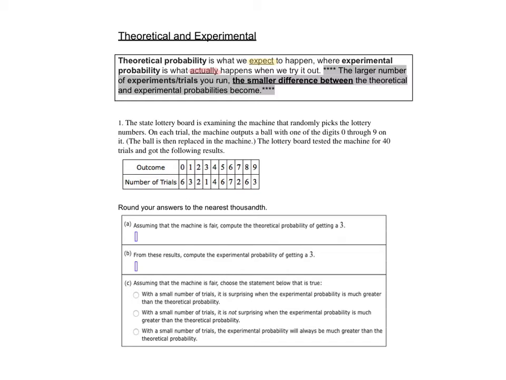So let's take a look at the lottery board, because this one can be tricky. They're examining the machine that randomly picks lottery numbers. You definitely want this one to be valid. On each trial, the machine outputs a ball with one of the digits 0 through 9 on the ball.